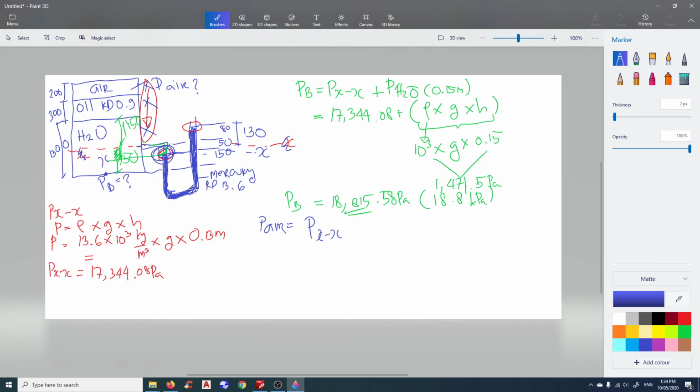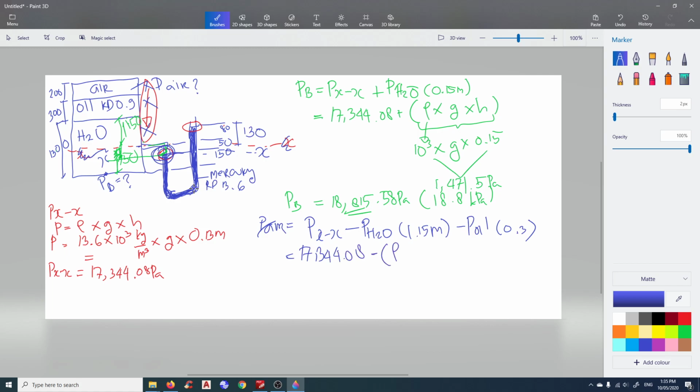So pressure of the air is XXX minus P H2O at 1.15 meter minus P oil at 0.3. Does that make sense? So P XXX we know, P H2O we don't know, we just need to calculate it.